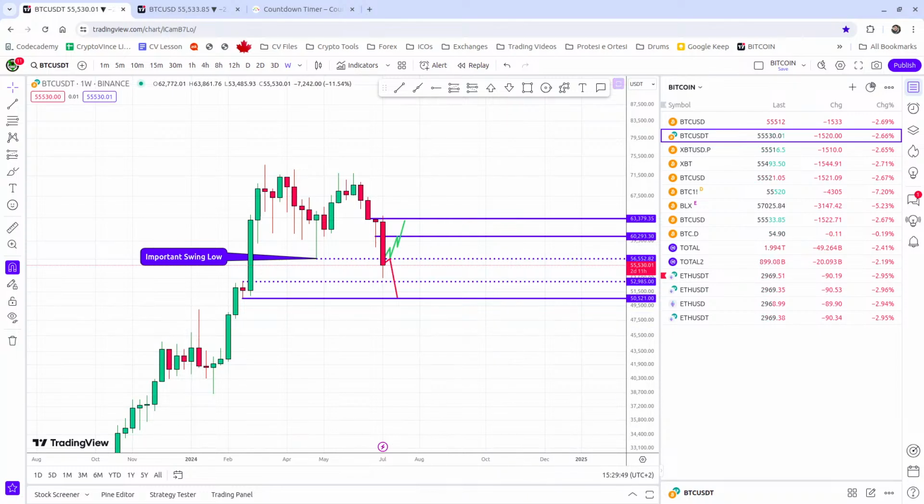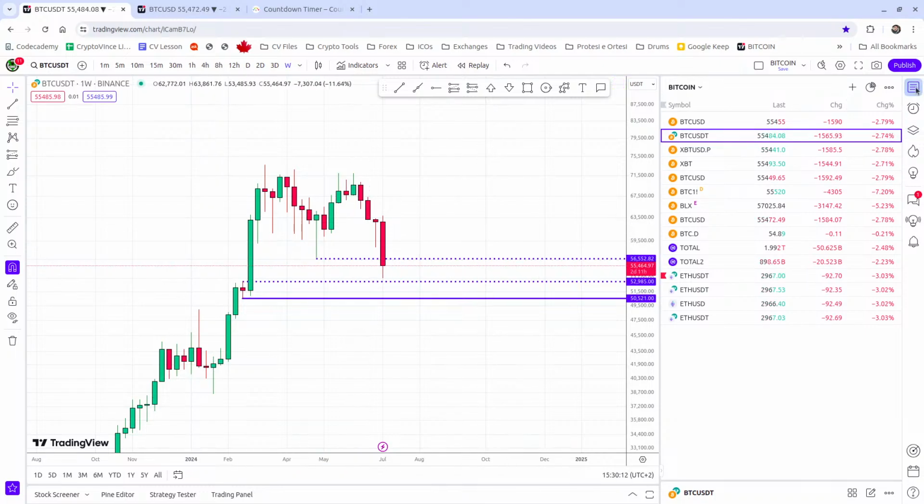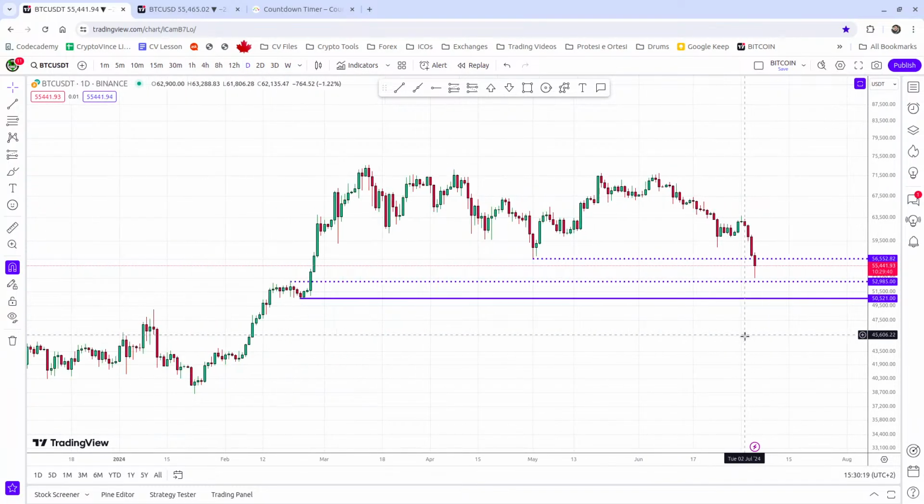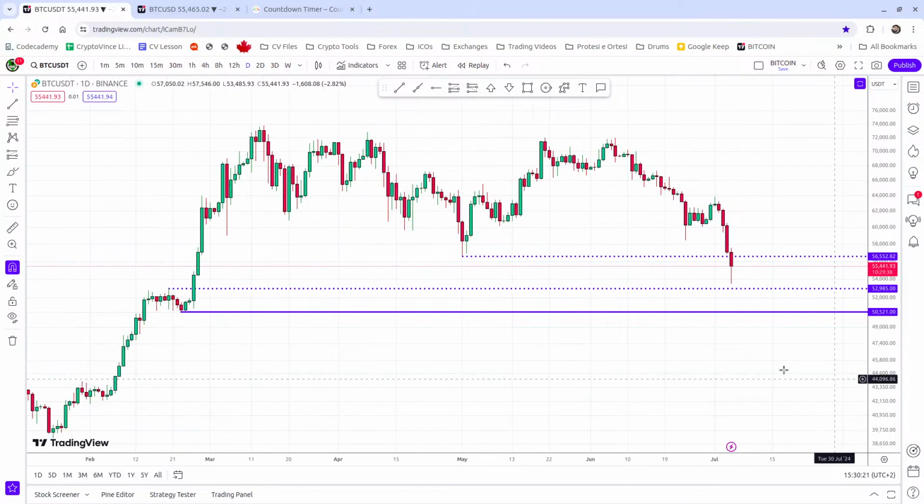When I was looking at the chart, I was actually asking myself, why did it stop here? Like, why right here and not on the order block, on the demand? And I found a very interesting level. If I switch to the daily, I can see that better.